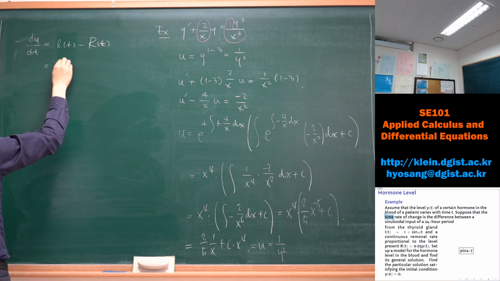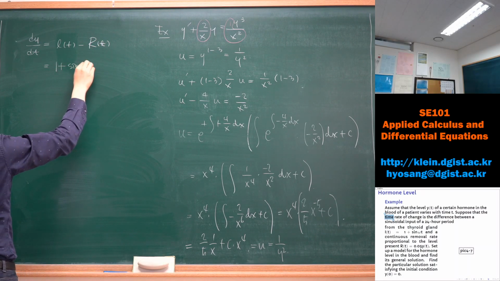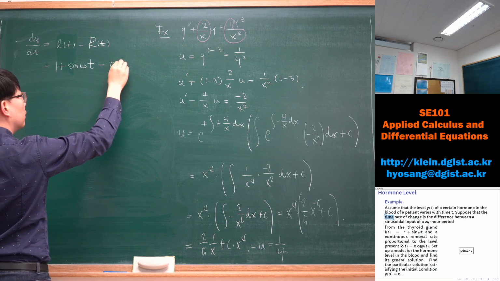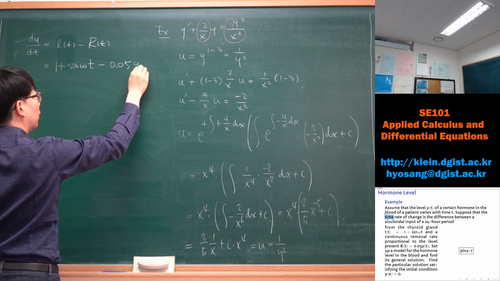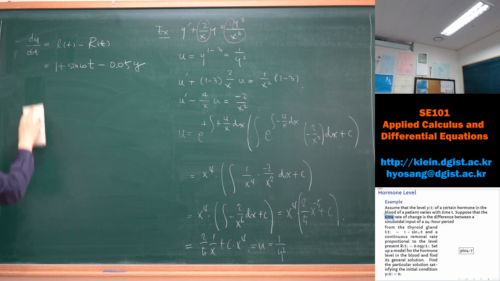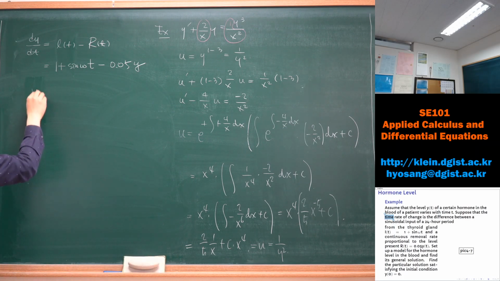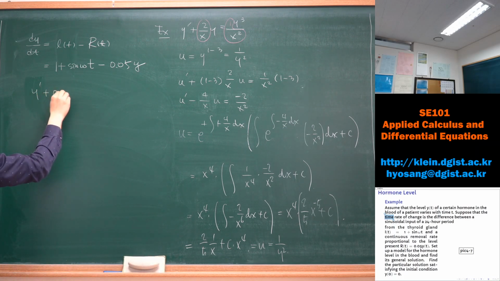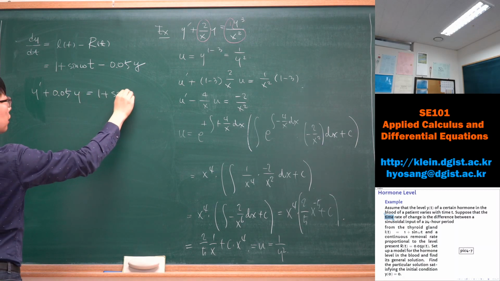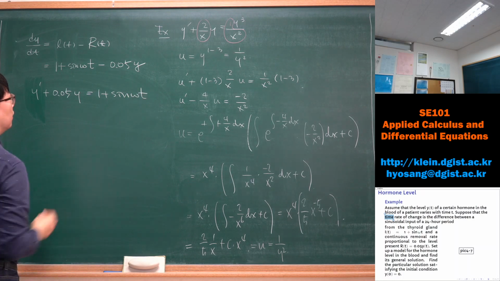L(t) is given by 1 plus sine omega t, and R(t) is given by 0.05 y. Okay. So when you move your y to the left-hand side, what you get is y prime plus 0.05 y equals 1 plus sine omega t.